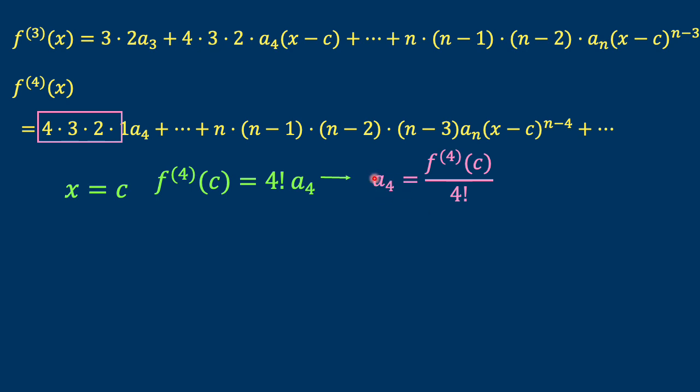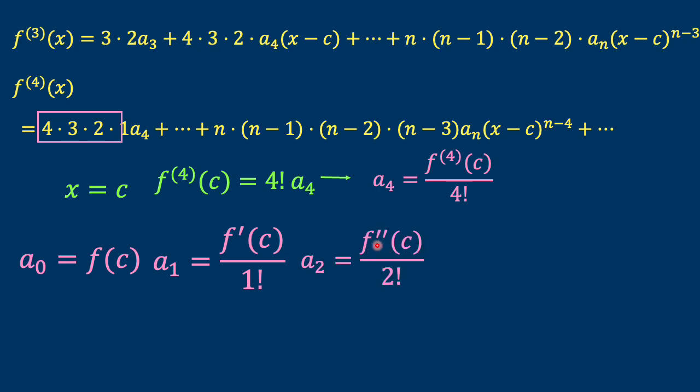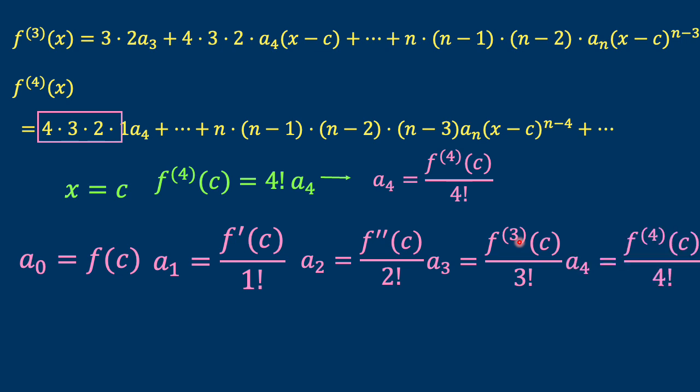The coefficient of the degree 4 term is the fourth derivative of f at c over 4 factorial. So a0 is f of c, a1 is f prime of c over 1 factorial, a2 is the second derivative at c over 2 factorial, a3 is the third derivative at c over 3 factorial, a4 is the fourth derivative at c over 4 factorial, and an is the nth derivative at c over n factorial.